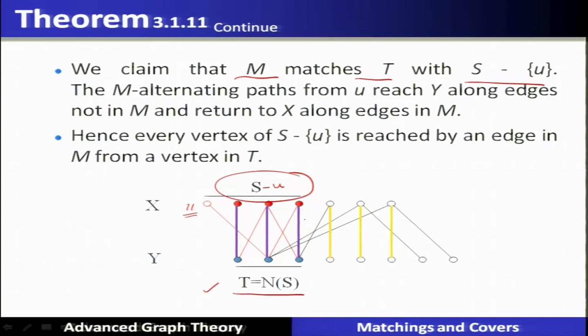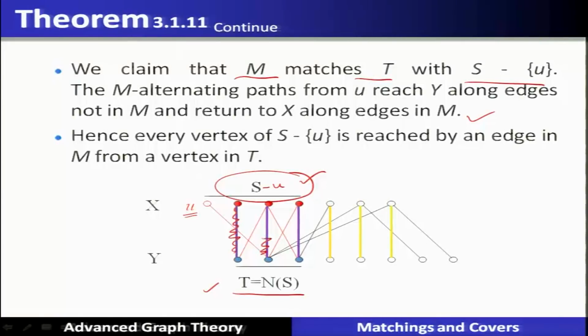The M-alternating path from u will reach Y along the edges which are not in M, and then return to X along the edges which are in M. Hence, every vertex of S minus u is reached by an edge which is present in M from a vertex of T. That we can see in the purple color which is shown.